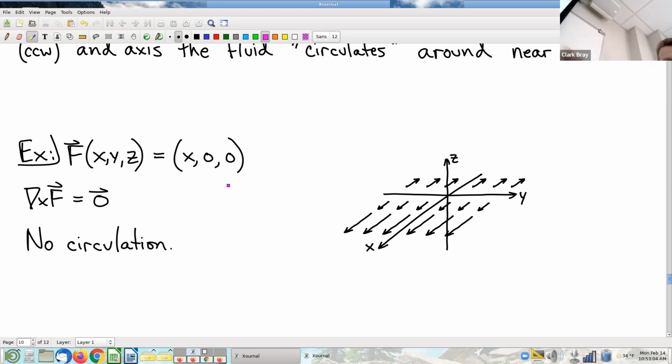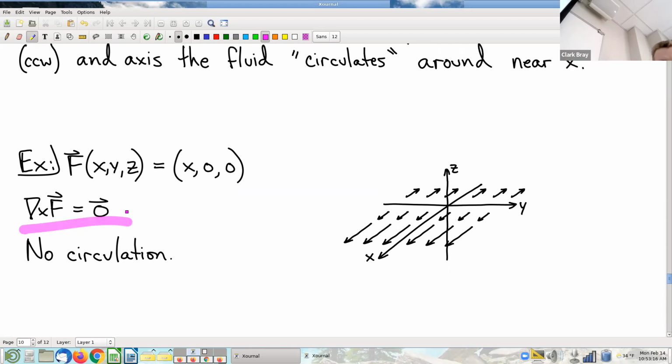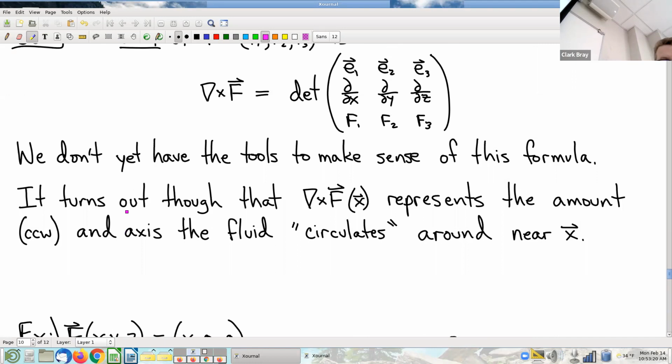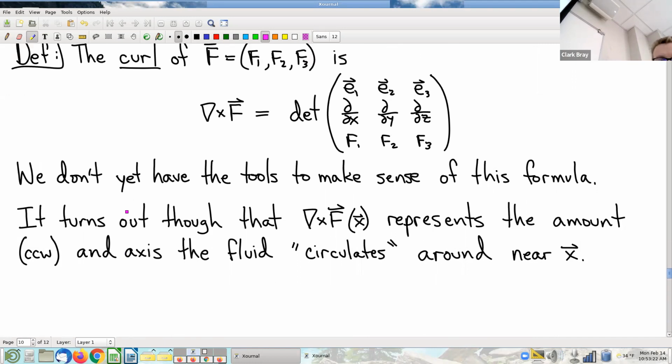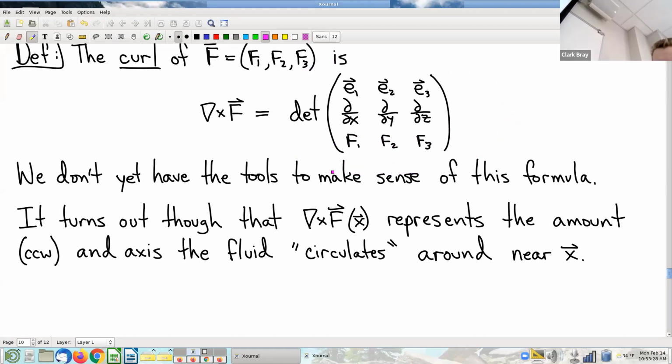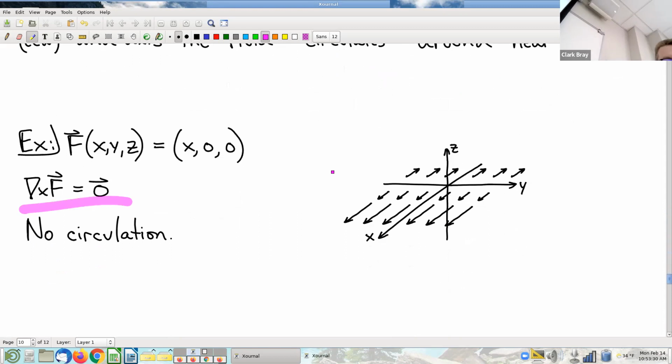It's just going to move, but there is no kind of curling or twisting or circulating happening here at all. That makes sense? So, compute the curl, you will get 0. By the way, this is a calculation that you do have to actually do. You have to actually take the vector field, put it in here, compute it up, to see what you get. But I claim that if you do that, you will get 0.